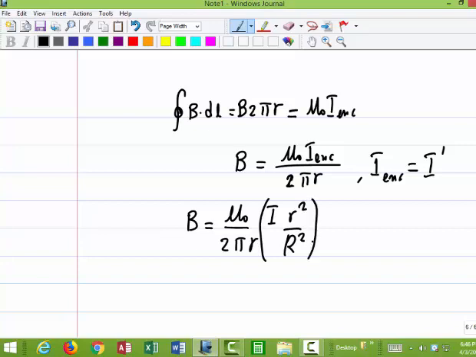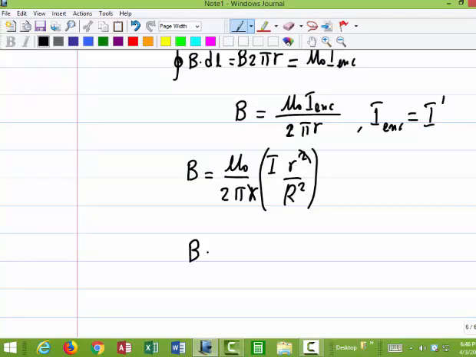We can cancel one r, and that leaves us with B equals mu naught over 2 pi, times I over uppercase R squared, and then we put a little r outside. So this is the magnetic field at some point inside that wire.